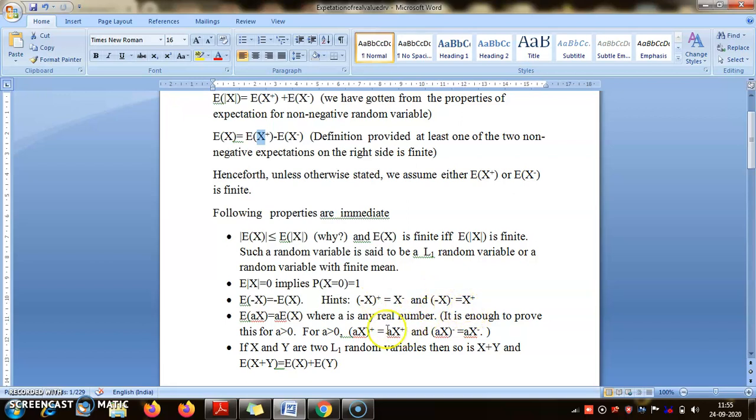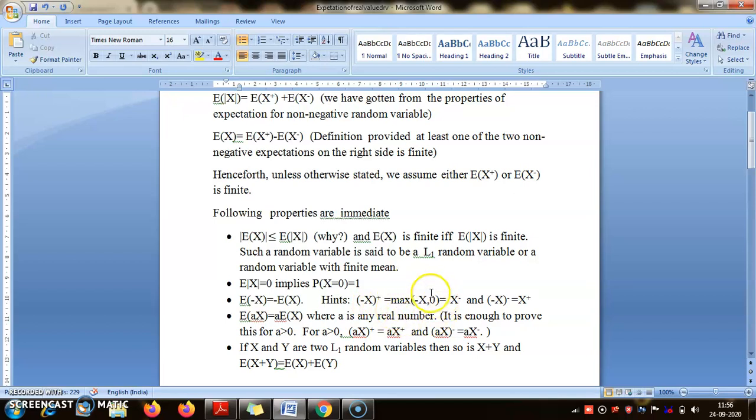Now this is the main point really for you to see: (minus X) plus is really equal to maximum of minus X and 0, right? Why so? Because whatever random variable you write here, the plus means the maximum of that random variable and 0.